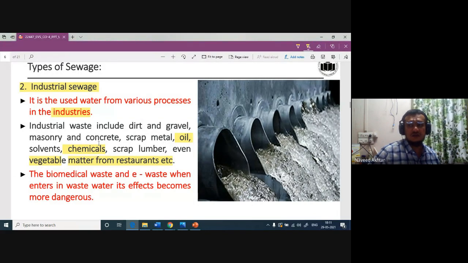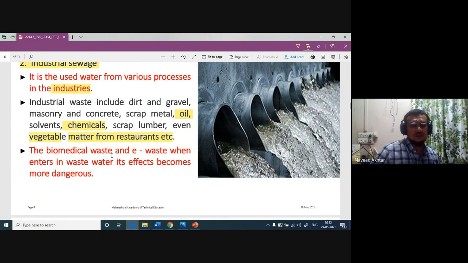Also in the textile industry, many chemicals such as caustic soda are used, and that is also included.